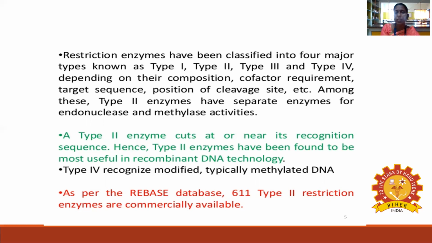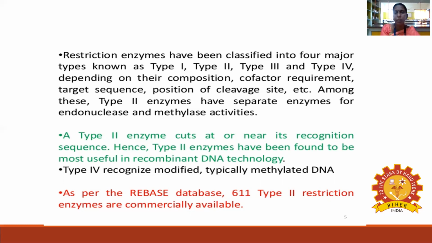Type 2 enzymes cut at or near their recognition sequence, the specific fragment. Hence, type 2 enzymes are very useful in recombinant DNA technology and genetic engineering. And type 4 can recognize, modify, and typically target methylated DNA.